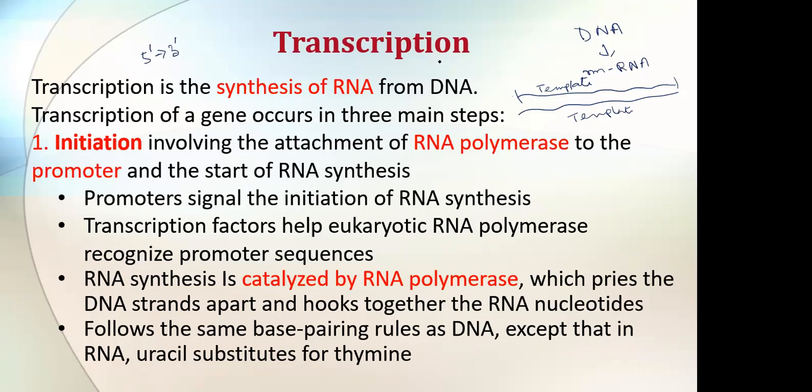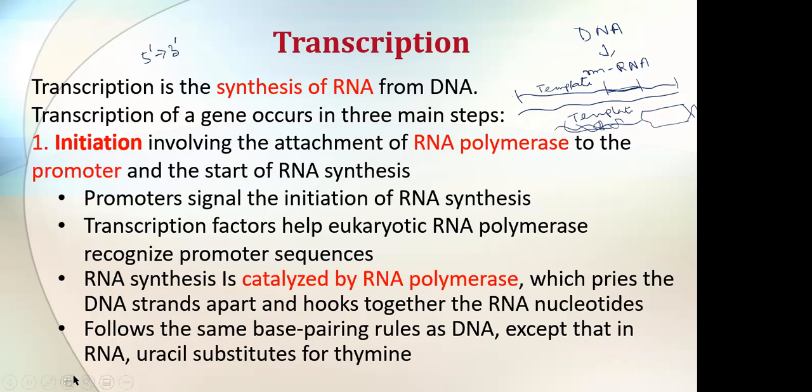So we only copy the portion where we have the gene that actually codes for that protein. Let's say my body needs insulin, and this is the portion where I have that insulin gene. The entire chromosome will be like that, but only this portion will get separated, and only this portion is going to be transcribed.